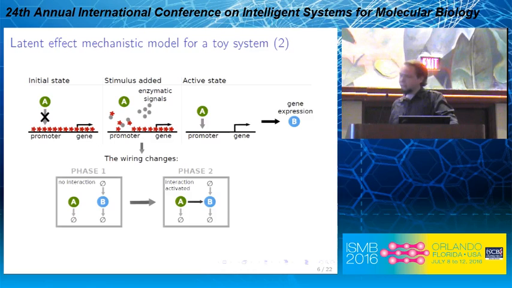Mathematically, this means that we initially have a network where we don't have the interaction between these two molecules, and then we switch to another network where this interaction is present.